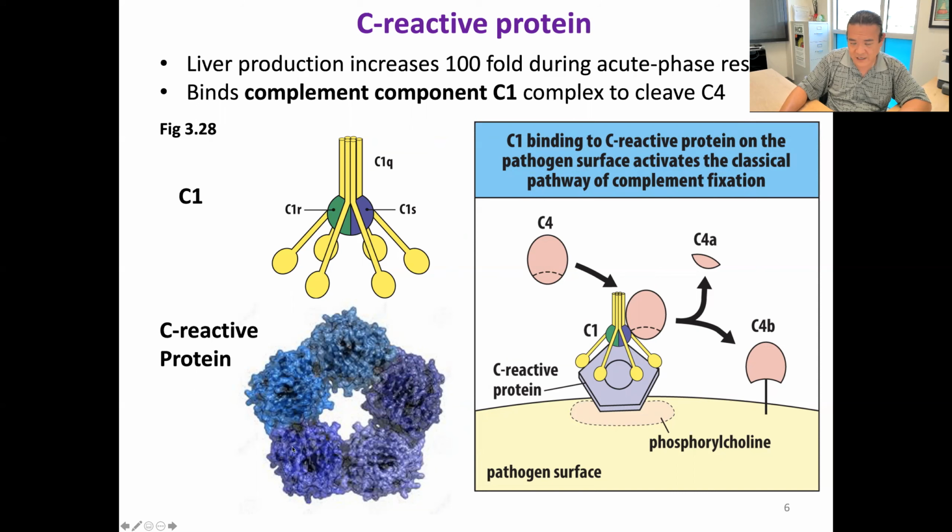It has this pentagon kind of shape with multiple polypeptide subunits, making the sort of pentagon shape, right? It serves as a platform that can bind to the surface of pathogens and acts as a platform that's like a landing pad for this complement protein up here.